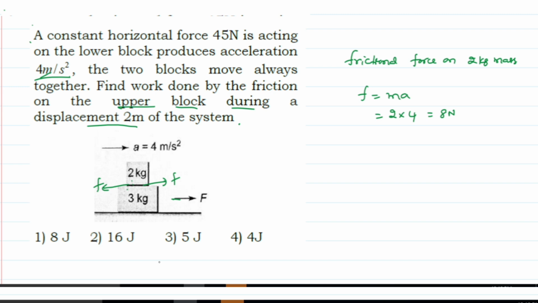Now what is the work done by this frictional force? Together they are moving, so a kind of static frictional force is acting. So the work done by the static frictional force on the upper block is force into displacement.